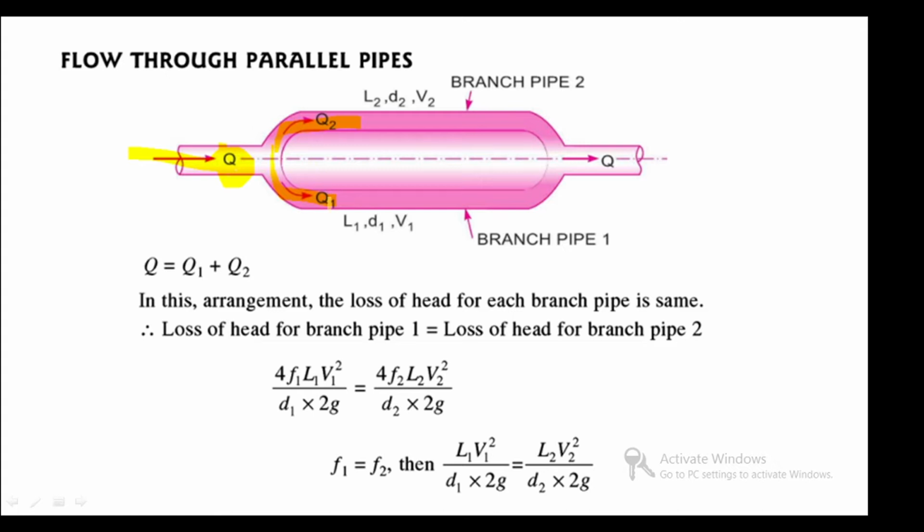Q1 is some discharge, Q2 is some quantity of water, and they combine together at the outlet, again equal to Q. This is a parallel pipe.